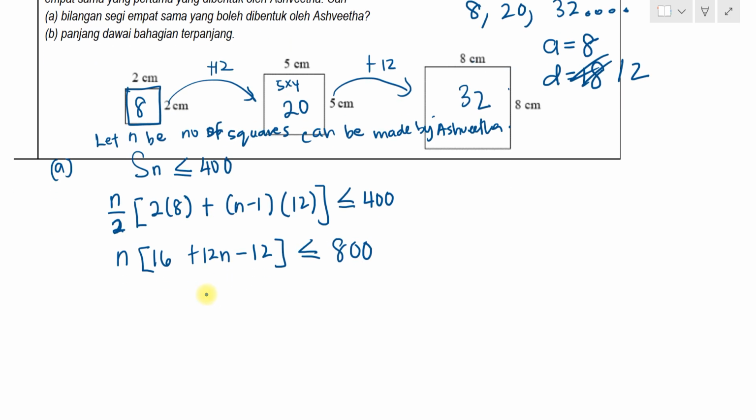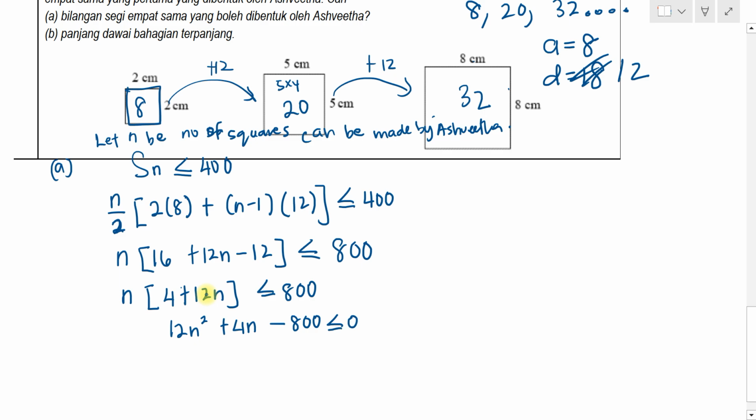Okay, let's solve this. 16 minus 12, 4, plus 12n squared, less than or equal to 800. So 12n squared plus 4n minus 800 less than or equal to 0.